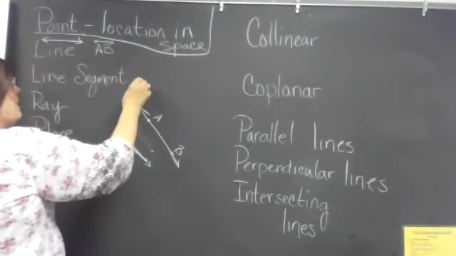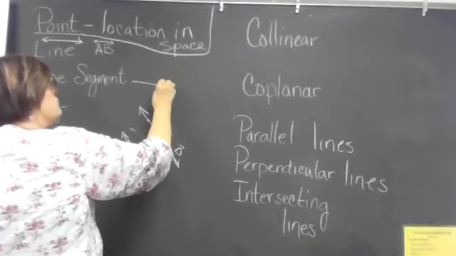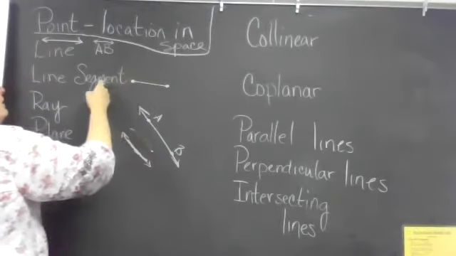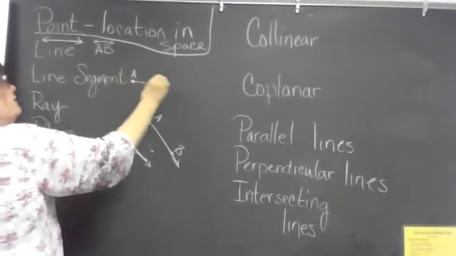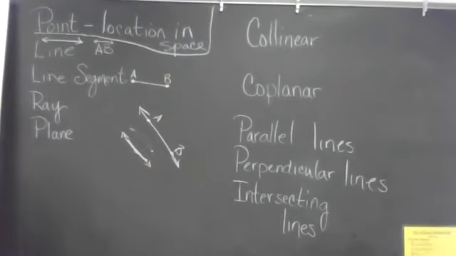A line segment AB stops at the endpoints and does not extend. The segment is just a piece of a line. So this would be segment AB. It's only a piece of the line.